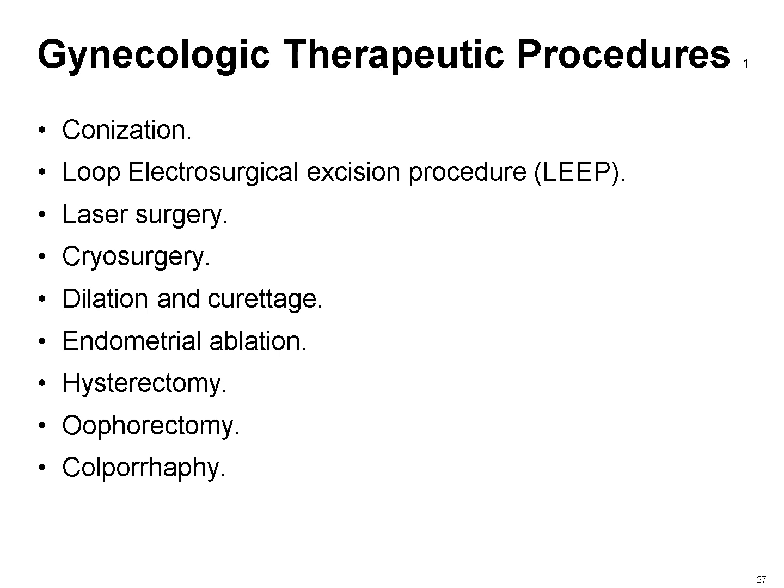Hysterectomy is surgical removal of the uterus. Oophorectomy is the surgical removal of one or both ovaries, often performed to treat ovarian cancer, cysts, or other disorders. Colporrhaphy is a surgical repair of the vaginal wall, often performed to correct conditions like a cystocele or rectocele.